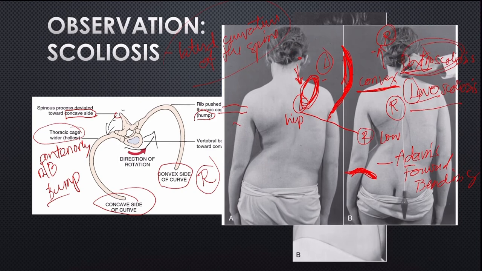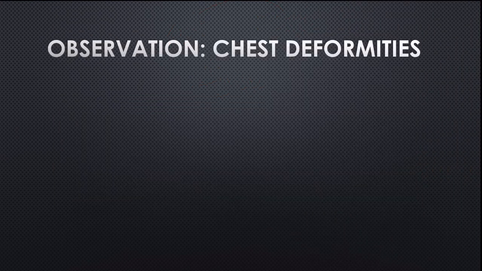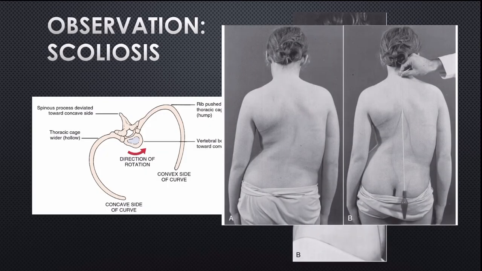It's like this. Plumb line. Let me erase everything. Okay, sorry. So the plumb line, as you can see, your gluteal cleft should be in line with this. This is actually your C7 spinous process, or your vertebral prominence.